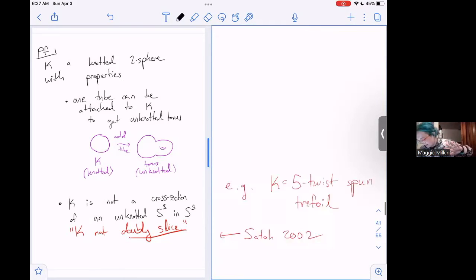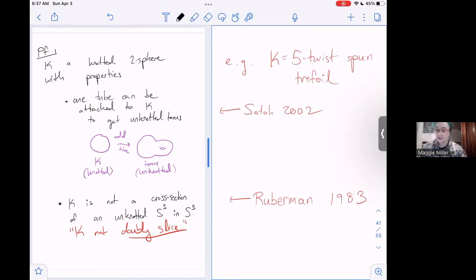So I can immediately find a 2-sphere that satisfies both of these properties. I will not explain what the 5-twist-spun trefoil is, but it's a 2-sphere with a name in S^4. And it just appeared in 2 papers, or actually a lot more papers, but in particular these 2, showing that it has both of these properties. So pretty easy to arrange for this to happen.